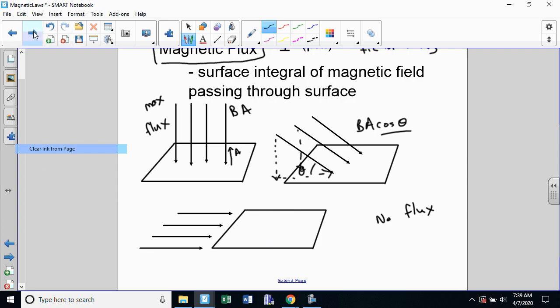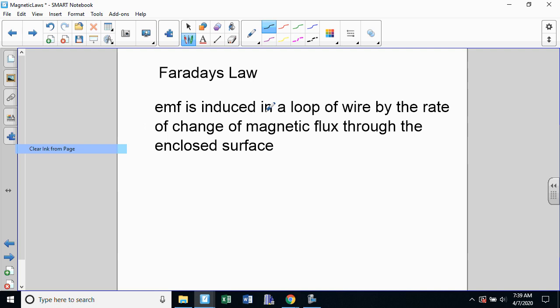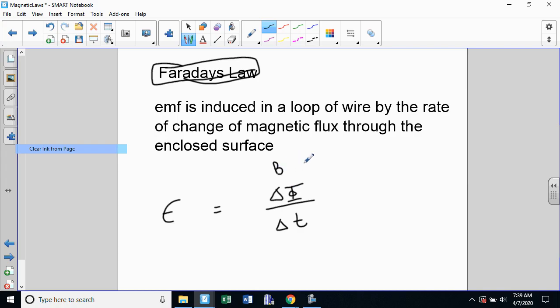Well, how do we use this for induced EMF? Very simply, with Faraday's law. Faraday's law says that any change in flux will induce an EMF. So you look at your closed loop. If there is any change in flux, and flux deals with B and A, magnetic field and area.